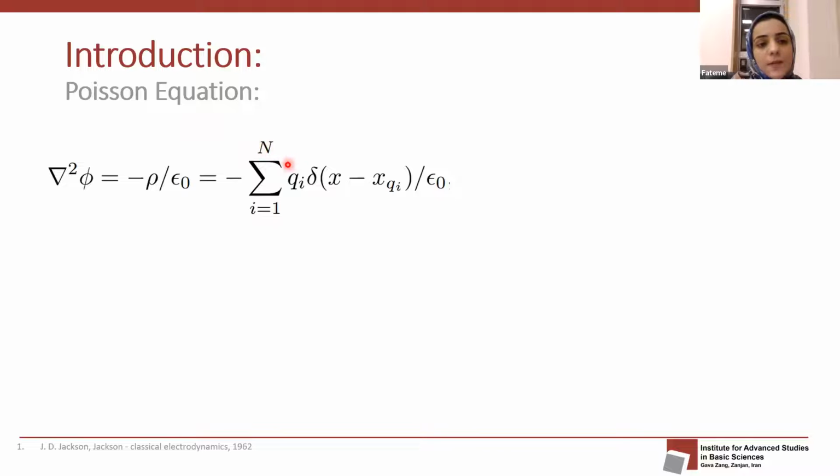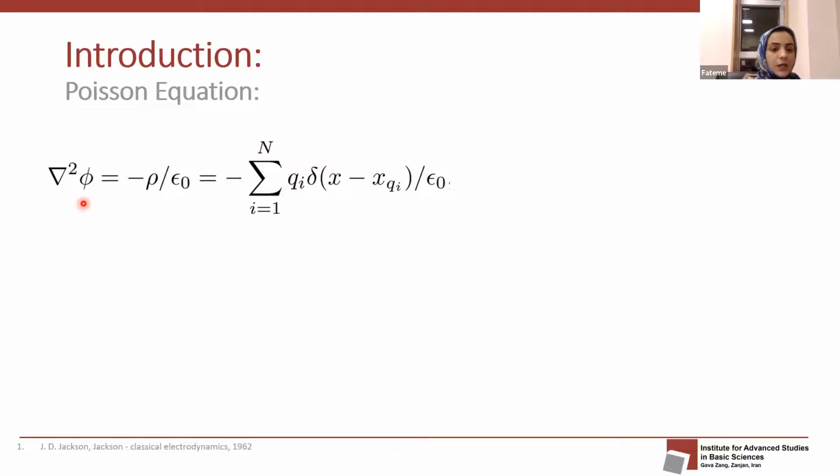Now the problem is how we can calculate the potential of these charged particles. It has an easy answer. We can evaluate the potential by solving this equation, the Poisson equation.